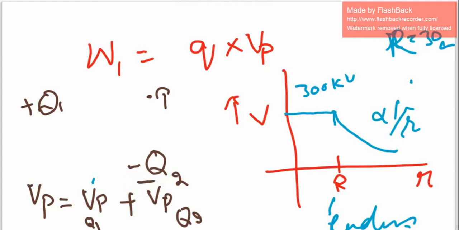So when you have a configuration of positive and negative charges, it depends upon where you are in space, at what distance you are.